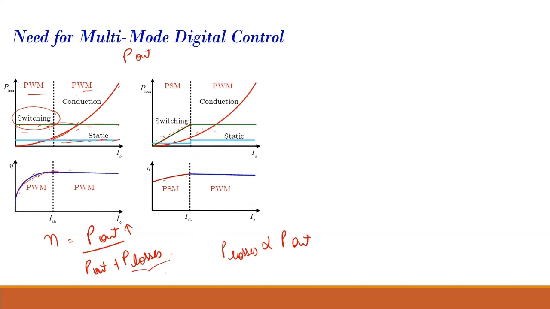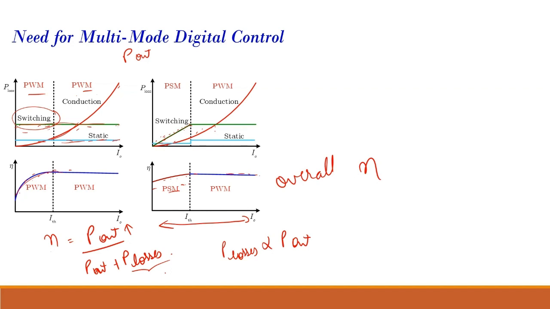So we operate in pulse skipping modulation for low load conditions, and then we transition to pulse width modulation for high load conditions. That is how we have a high overall efficiency throughout the load range.